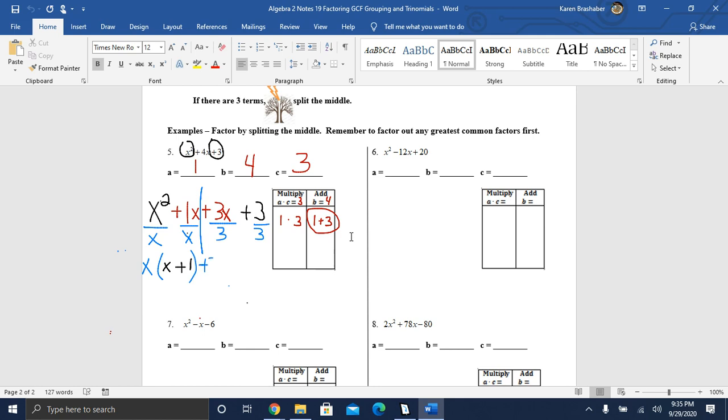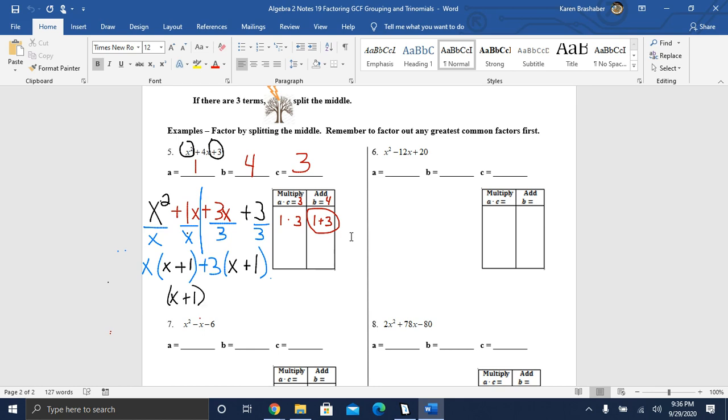So remember, I want to put my sign. I've divided by positive 3. Now I'm going to start my parentheses. Inside the parentheses, 3x divided by 3 leaves me with an x plus, and then 3 divided by 3 is 1. So you'll notice that I got the matching parentheses. The matching parentheses is one of my factors.